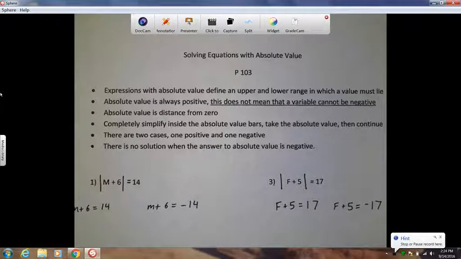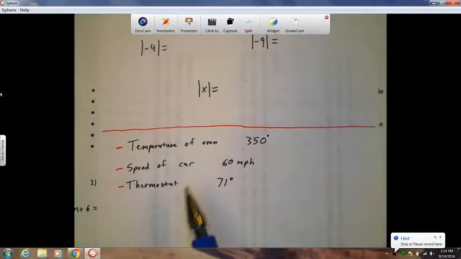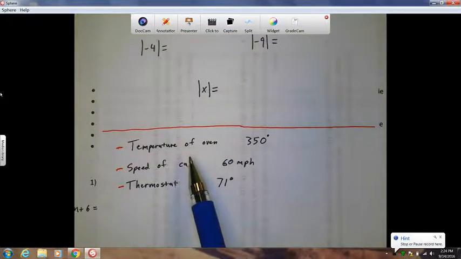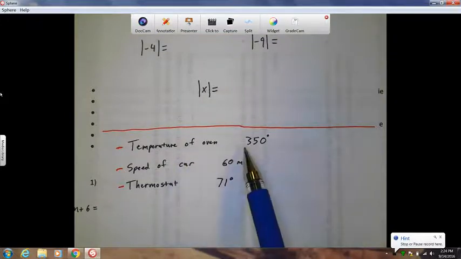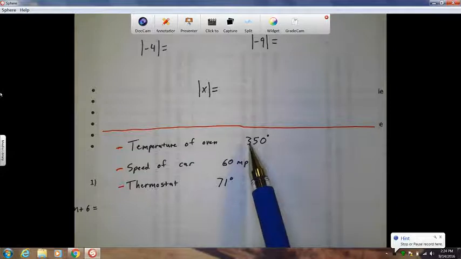So the first thing is that expressions with absolute value define an upper and lower range in which a value must lie. For instance, absolute value could talk about the temperature of an oven. So if you set the oven on 350 degrees, the manufacturer will probably say, well, it's not necessarily going to be exactly 350 all the time.